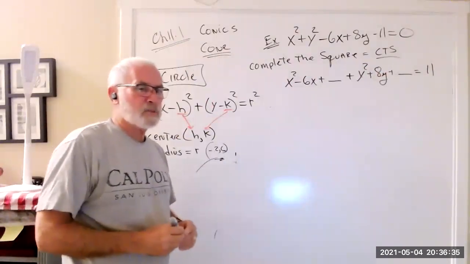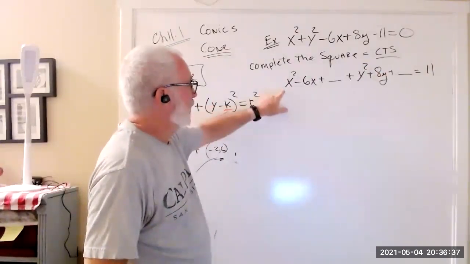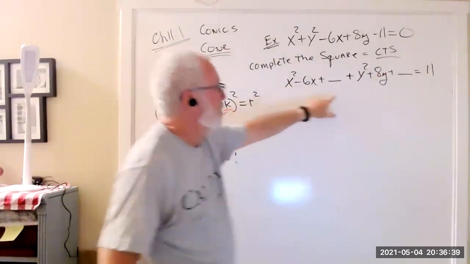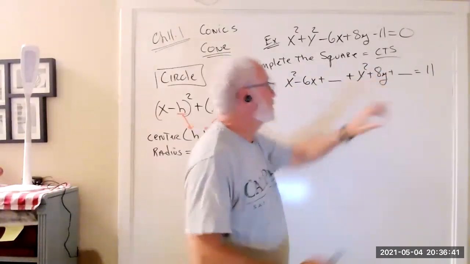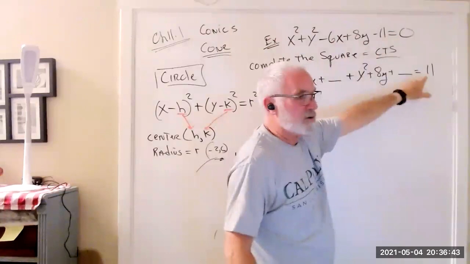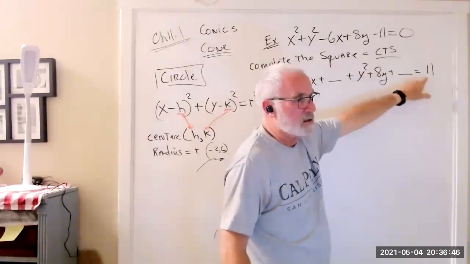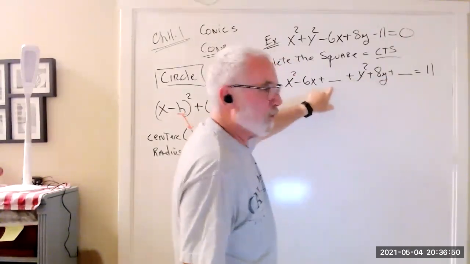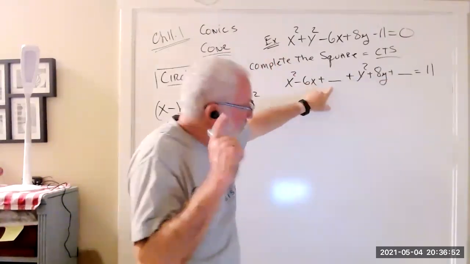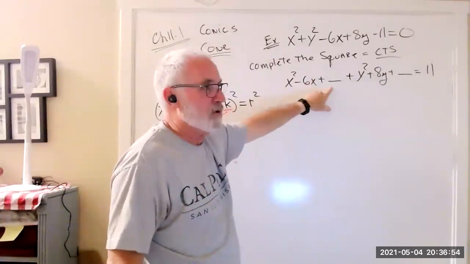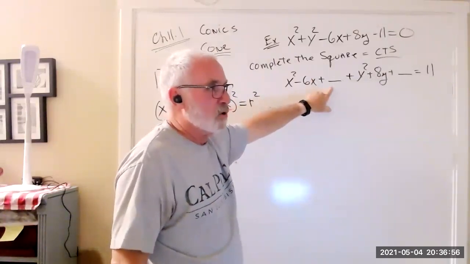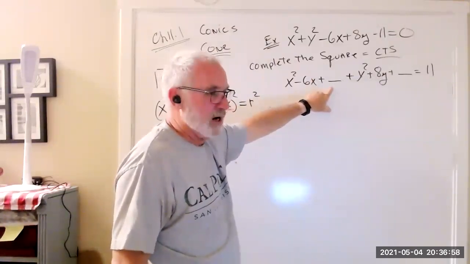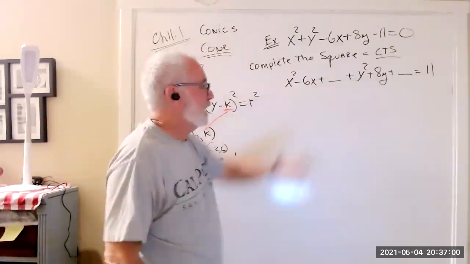I rearranged the problem. So I got x's with the x's, y's with the y's. I moved the 11 to the other side, just got it out of the way. And I left room for the magic number. Now, again, we talked about this in chapter 9, but that was such a long time ago, I'm sure you guys forgot. So that's the first step.